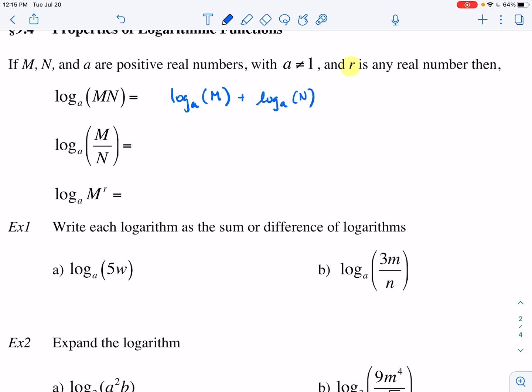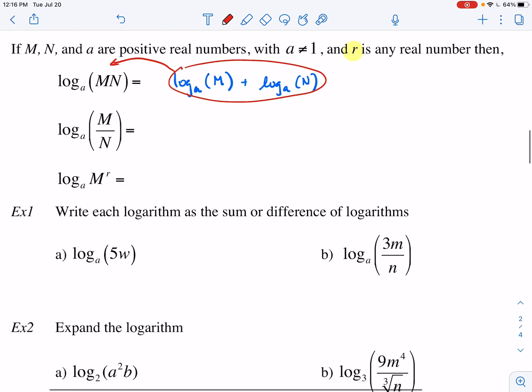Okay, so we can actually expand that to the sum of log base a of m plus log base a of n. And vice versa too, of course. If we start with a sum like this, we can actually condense it or compress it into the form on the left here.